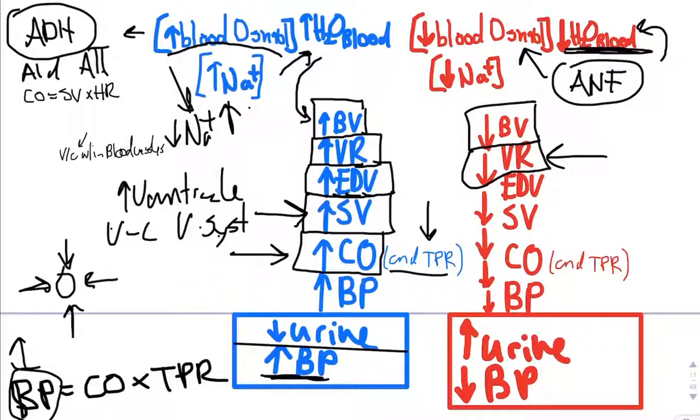from the veins. And when you have less blood returning to the heart from the veins, you're going to have less blood in the ventricles at the end of diastole. So a lower end diastolic volume. If we decrease end diastolic volume, say it with me, we decrease stroke volume. All right? When you decrease stroke volume, you decrease cardiac output. When you decrease cardiac output, what do we get here?